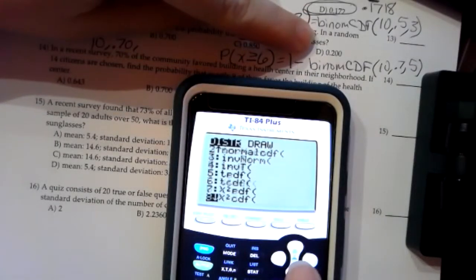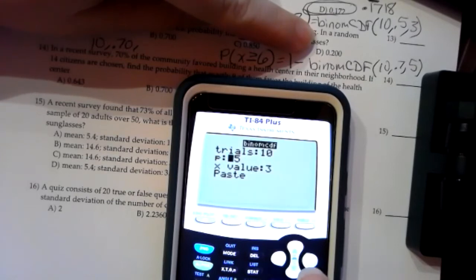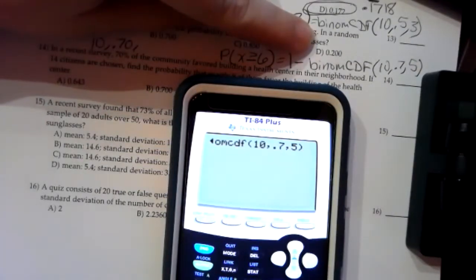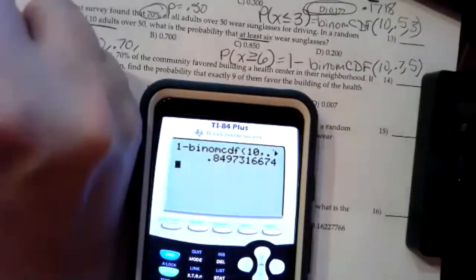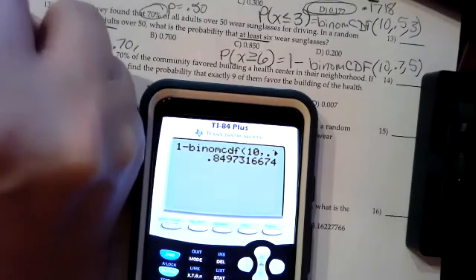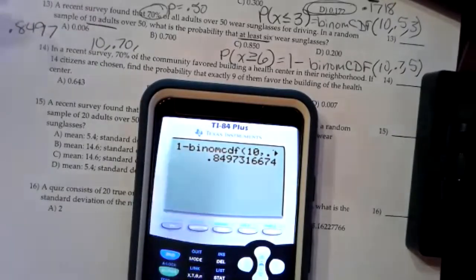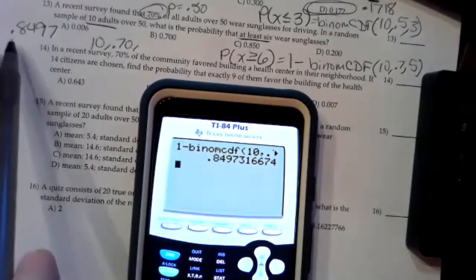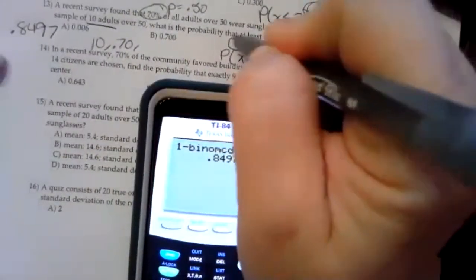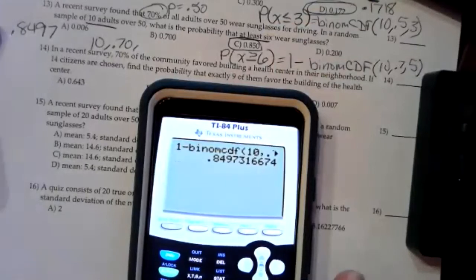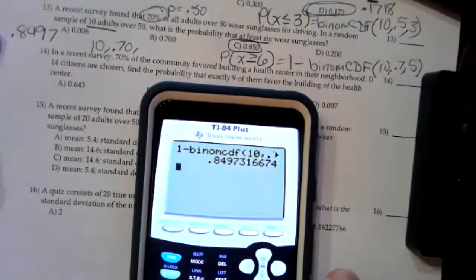I'm going to pull up my binomial CDF, my 10, my 0.7, and my 5. And let it run. So we end up with a 0.849. And so that would be our 0.85, which is going to be choice C on number 13.